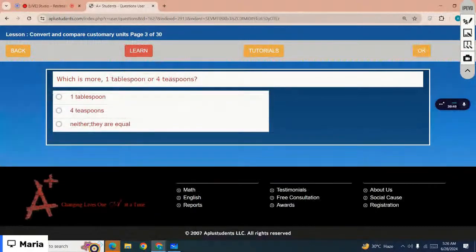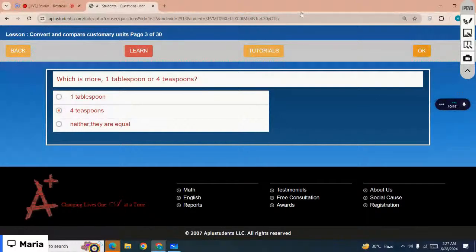Which is more, 1 tablespoon or 4 teaspoons? Which is the correct option? 4 teaspoons is more, right?